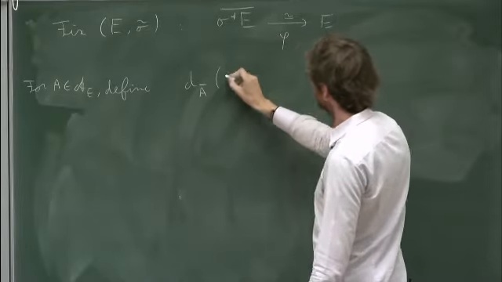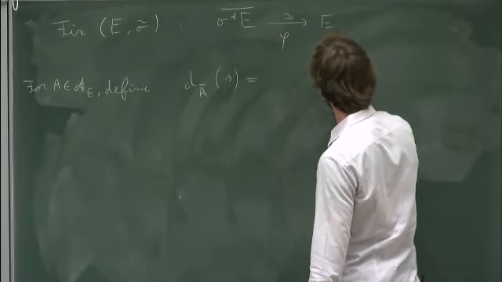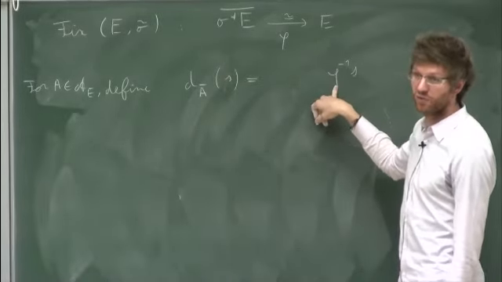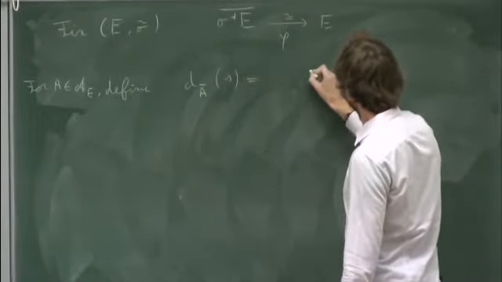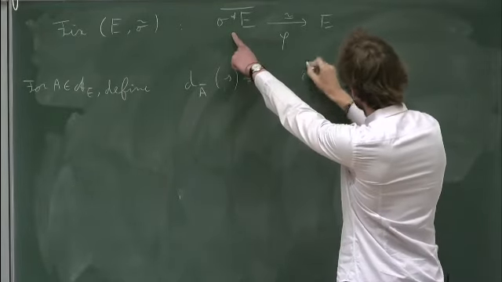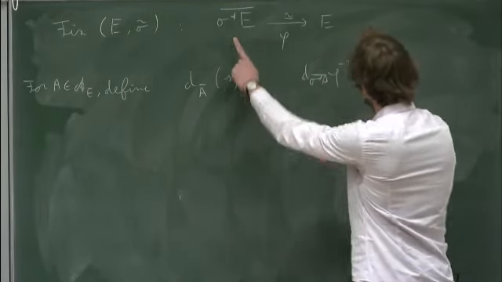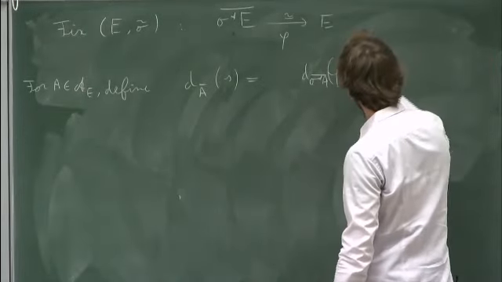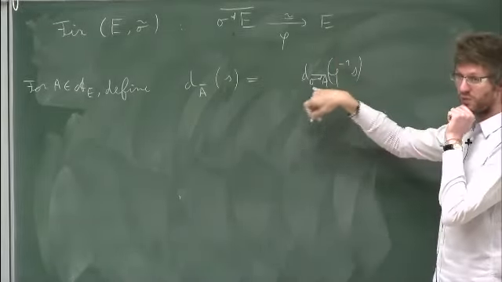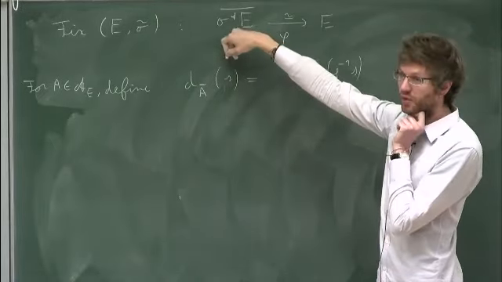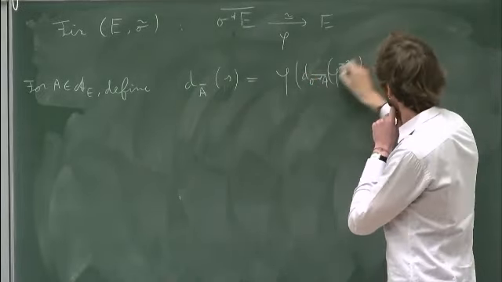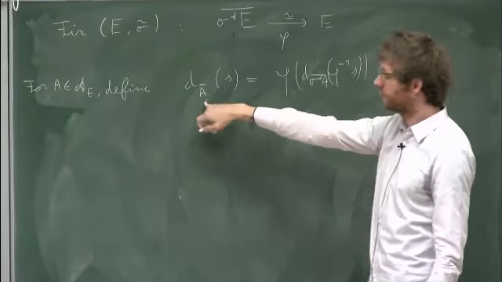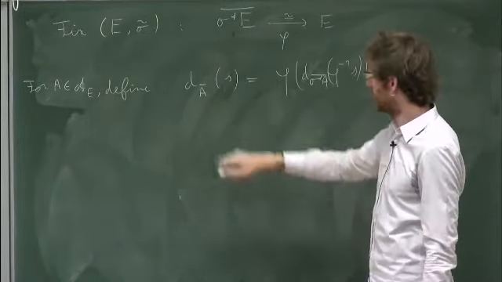I take a section of E to a section of the conjugate pullback bundle by the inverse of the isomorphism phi. Then on this conjugate pullback bundle, I have, let's call it a conjugate pullback connection, sigma star of A bar. So I may derive the section with respect to this, get a one form with value in this bundle, and I push it back by the isomorphism phi, and I get a one form with value in E. So this is indeed a connection on E.